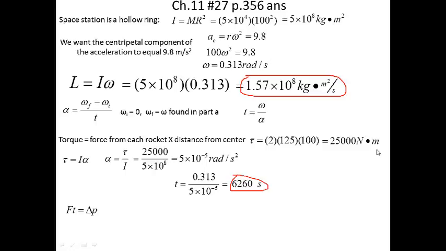Okay, we still have to do part C. Remember, for linear momentum, this is what the impulse momentum theorem is, and for angular stuff, this is what the formula is: torque times time equals the change in angular momentum.